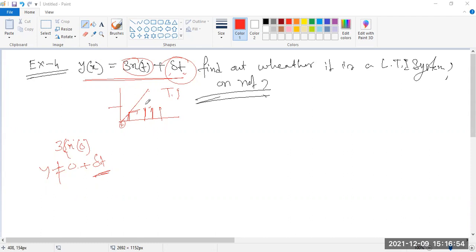So as this term is there, this is not time invariant.